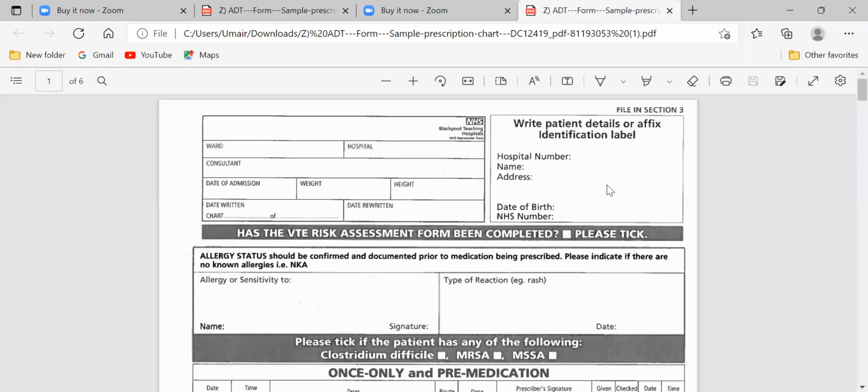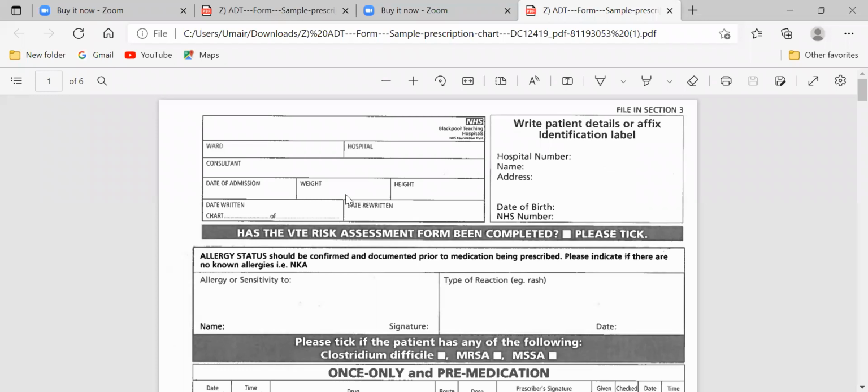The frequency will be BD, dose will be 500 mg per oral, and you have to learn how to write the antibiotic for 7 days, right? So the other antibiotic is gentamicin, write down for 7 days. The patient's weight is 90 kg.